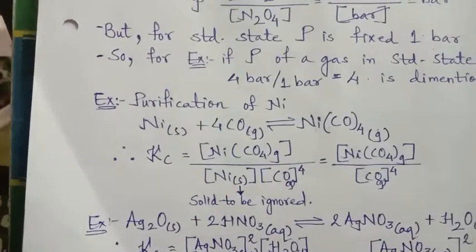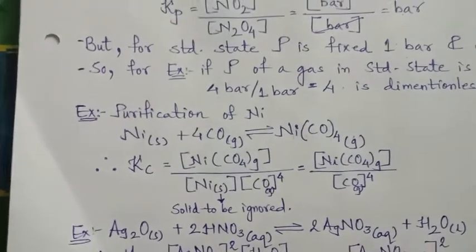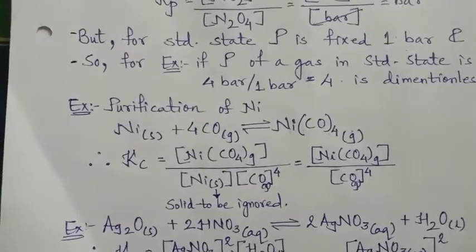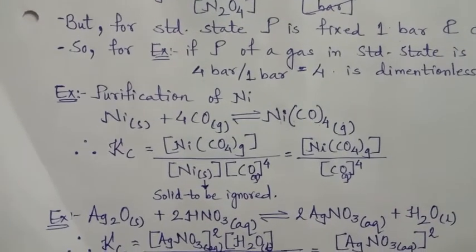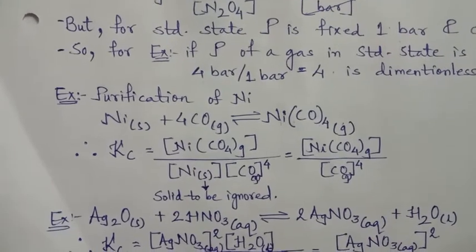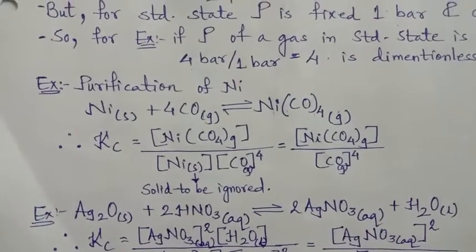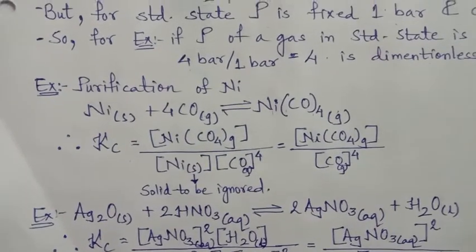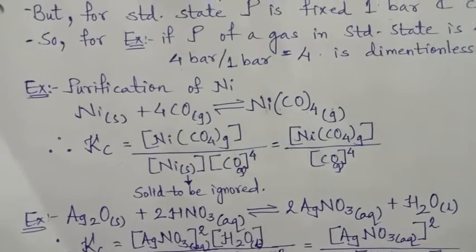And as I just discussed here in this video, that for solid and liquid, the amount of the substance which is reacting, which is in the solid and liquid form, they are independent of the amount. Their concentration before and after reaction remains the constant. So we are in need to neglect them.